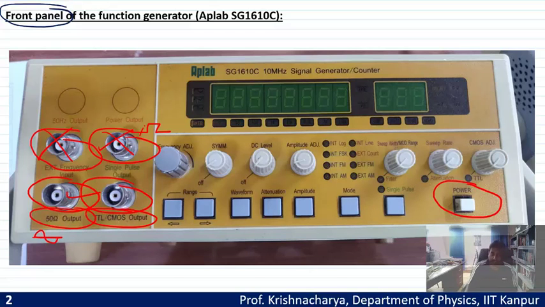Whenever you want to use this function generator for digital experiments where you want a square pulse, there is a difference between square wave and square pulse, which we'll come to in a while. Whenever you want to generate a square pulse or TTL pulse, you will use the output from this other BNC. These are the only two BNCs you will be using for most of your experiments.